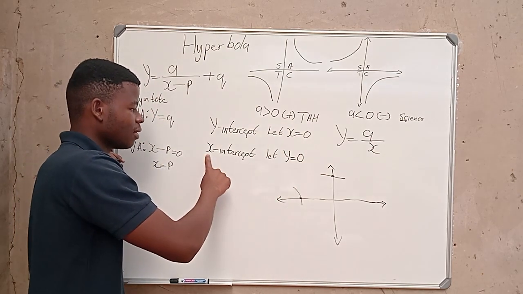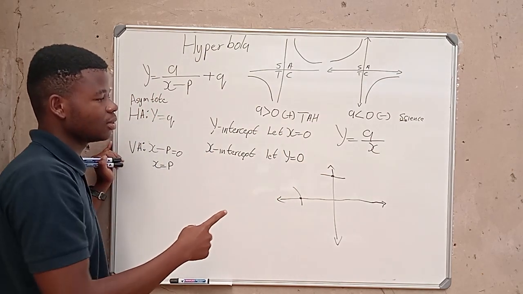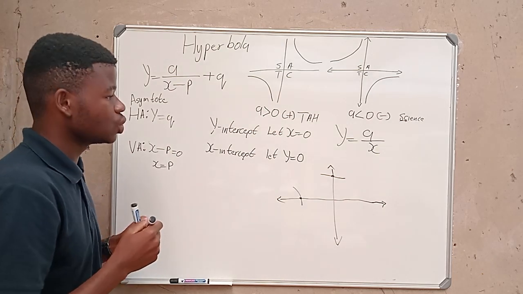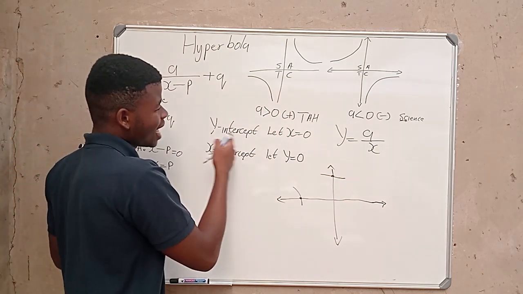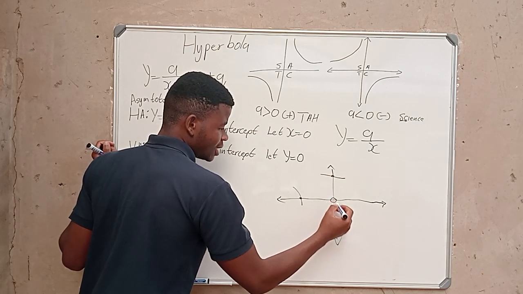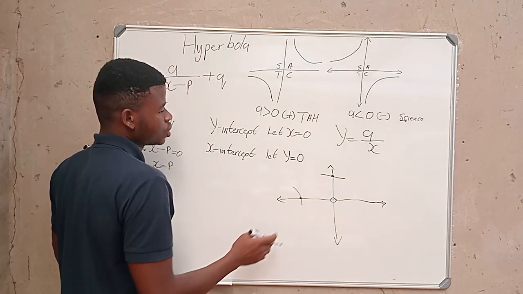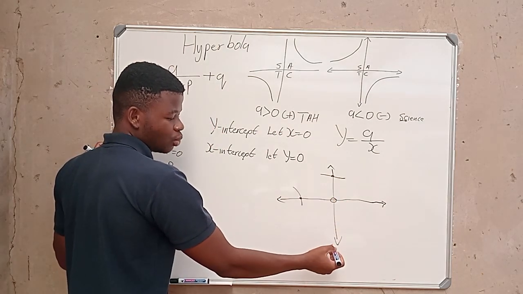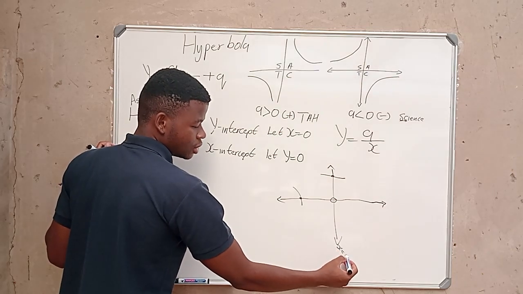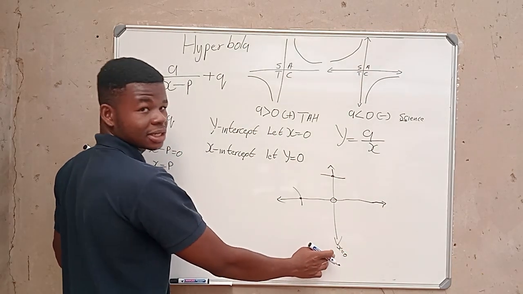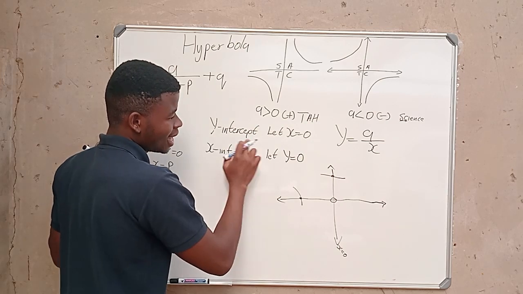And when you're looking for the x-intercept, you let y equal 0.